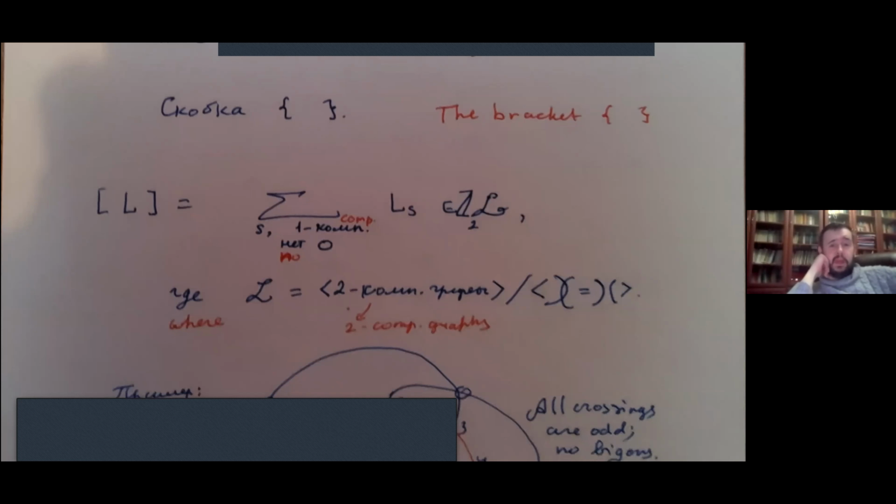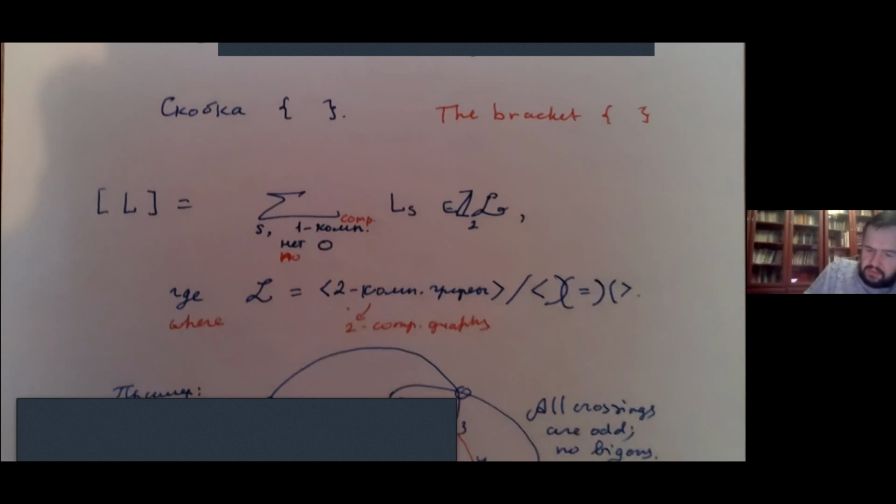And this sum over all states is taken like this. Again, instead of saying that this is one component, instead of saying that I smooth over all even crossings, I can say, okay, let's smooth over all one component crossings, or maybe I can say, let's smooth over all pure crossings.